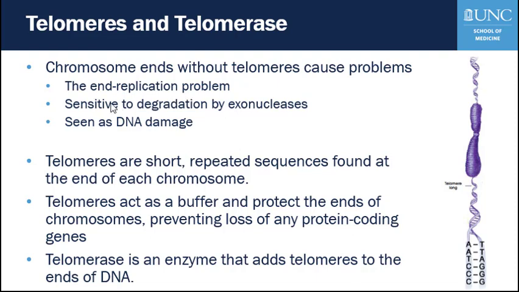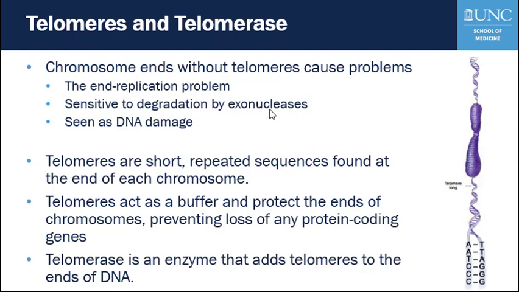get deleted. The second problem is that the DNA ends are sensitive to degradation. And so they're seen by the cell as a form of DNA damage. So as a result, the chromosome ends could trigger a repair type of reaction where the ends of 2 chromosomes are fused together.